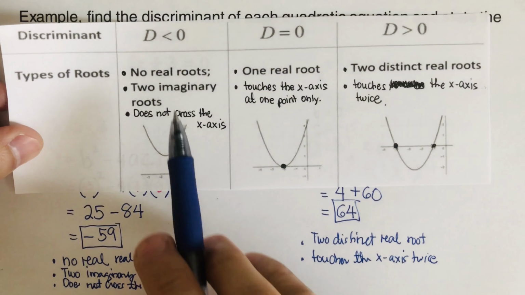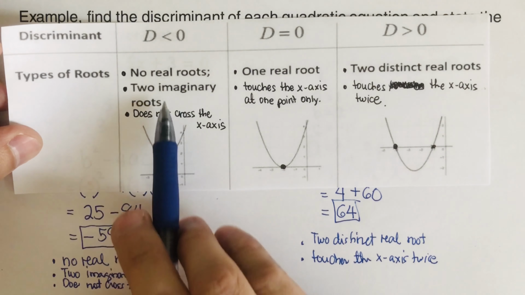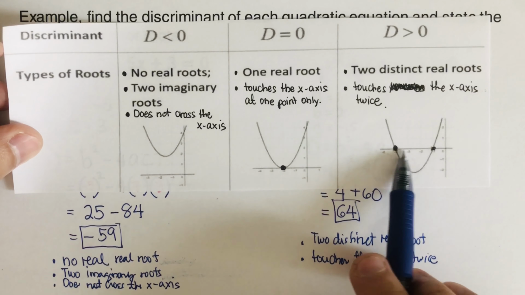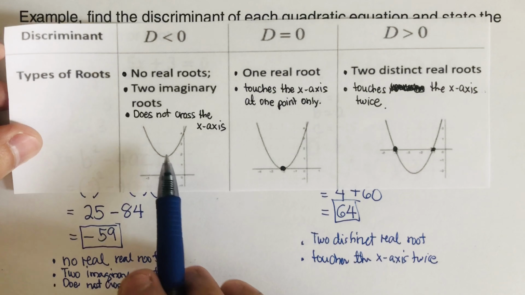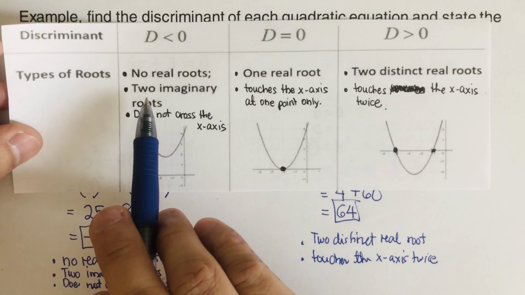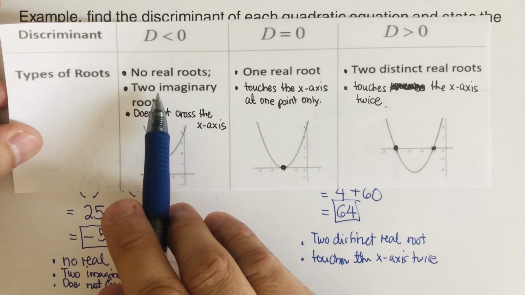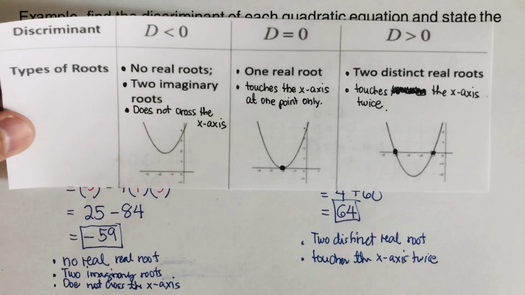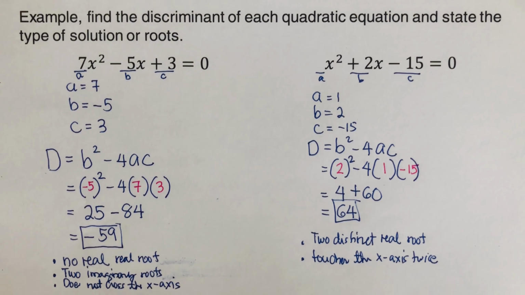There are still roots over here, but they're imaginary. This one is real. Real root means it crosses the x-axis. This one does not cross the x-axis, but there's still what we call an imaginary root, which we're going to talk about in the next section. Did you get the same answer as this?